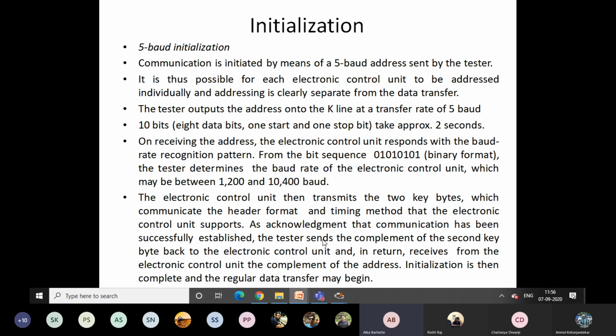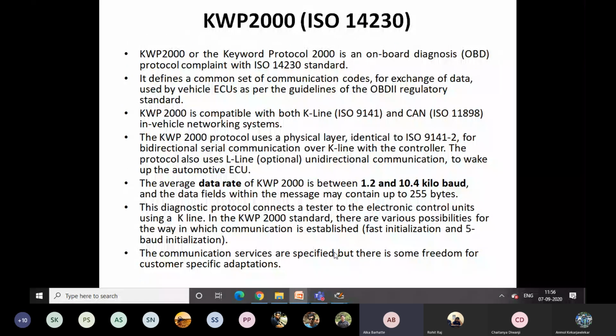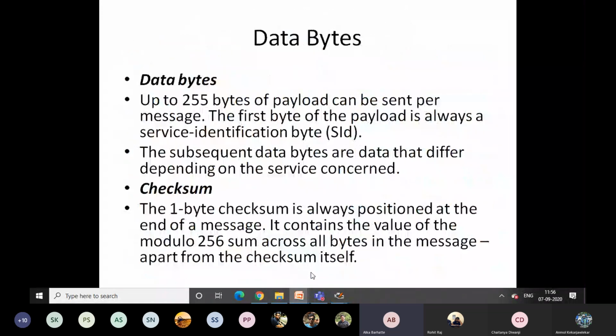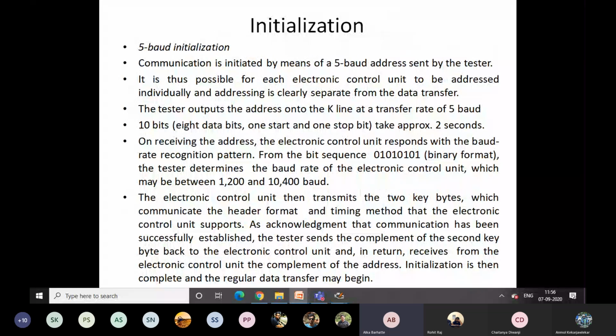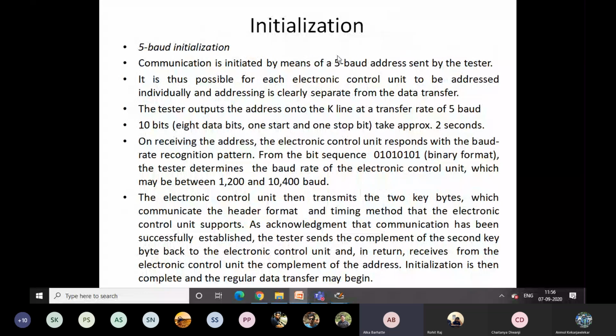As I said, there are two ways to initialize your communication. One is known as five-baud initialization, and the second one is fast initialization. Five-baud means the communication is initiated with a 5 bits per second address sent by the tester.